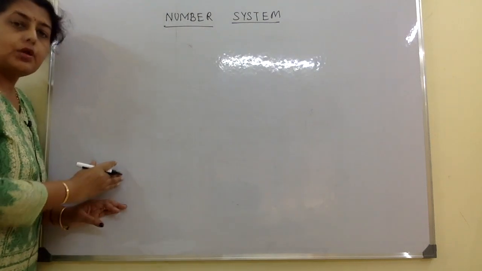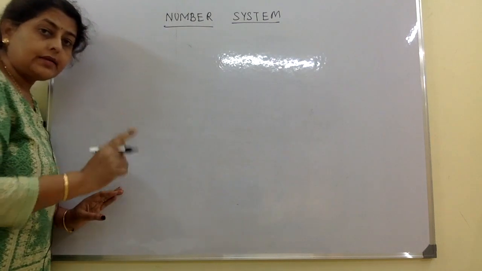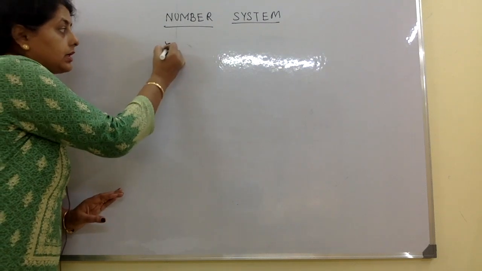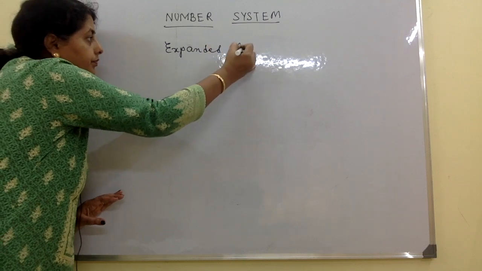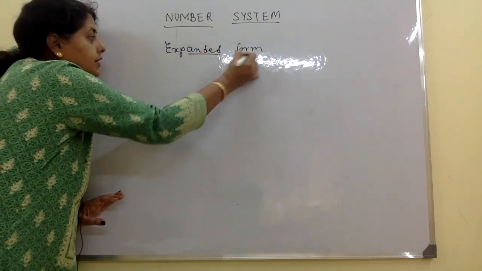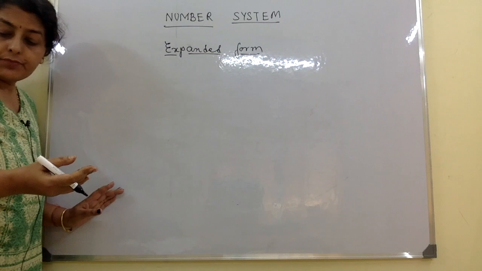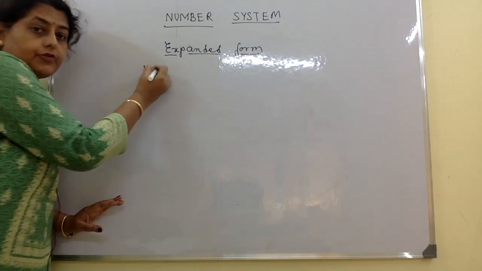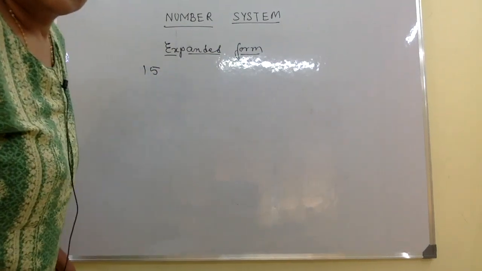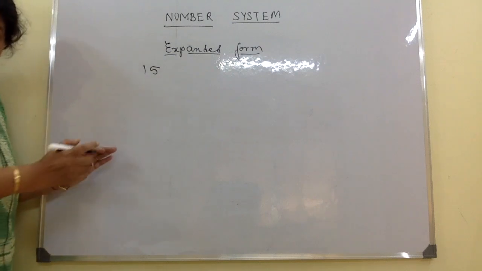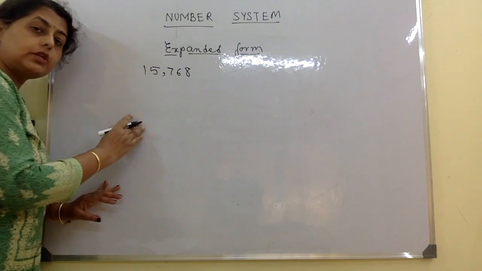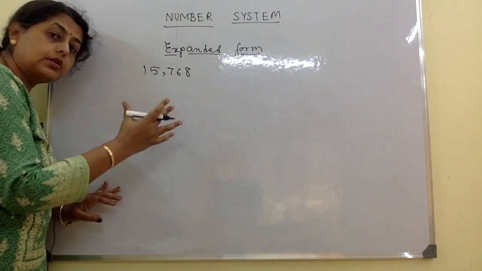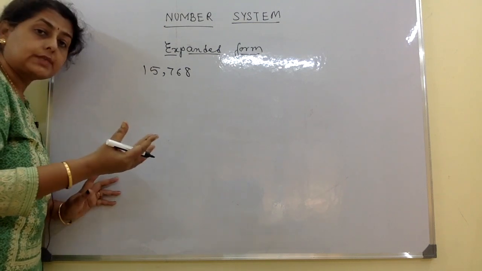Now there is something called the expanded form. What is the expanded form? Now see, if I have 15,768. Now here this one I'll have to write in the expanded form.